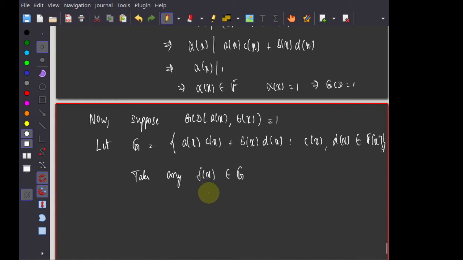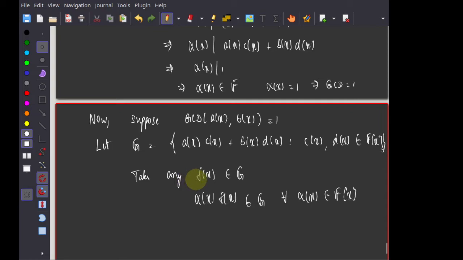So if I take any other, let's say alpha of x times f of x for any polynomial alpha, this still lies in G, right? Because alpha times f is alpha AC plus alpha BD, which is some a times c prime plus b times d. So this is also in G for all polynomials. Okay, that's one property. What else can we say about G?